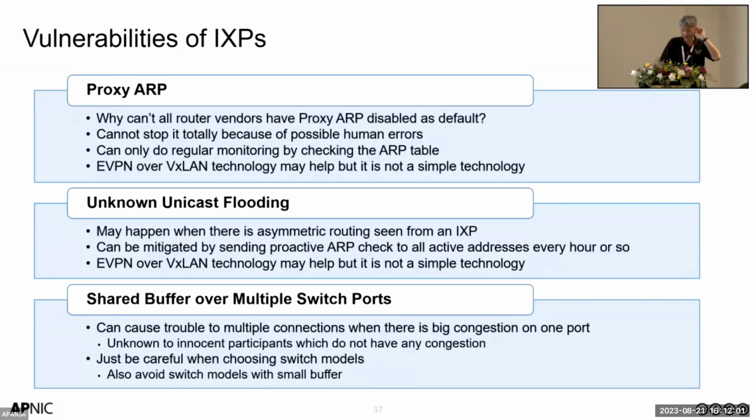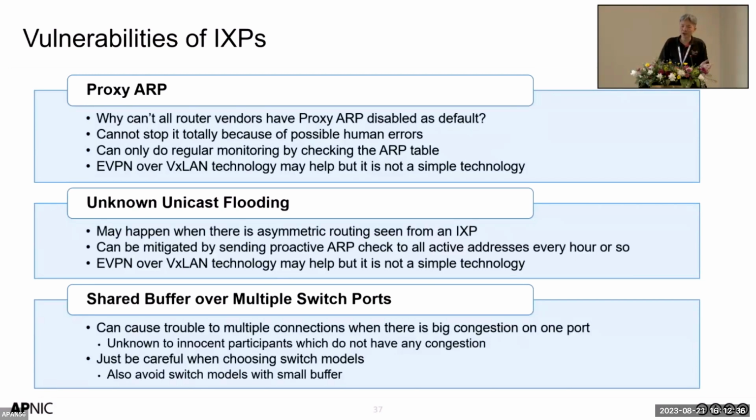The third issue that I already mentioned is that if you use a low-end switch, it usually would have a shared buffer among multiple ports. In the past, we did encounter that some of your participants may not upgrade their ports fast enough, so they might have congestion, or maybe they are under DDoS attack, so the port would be full.